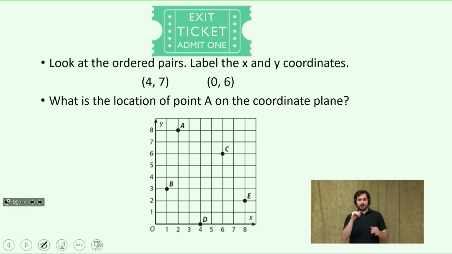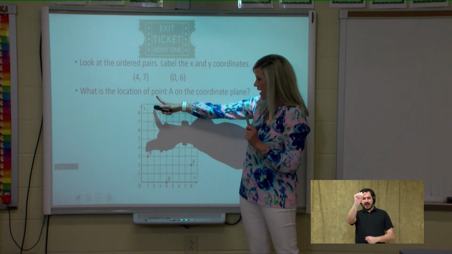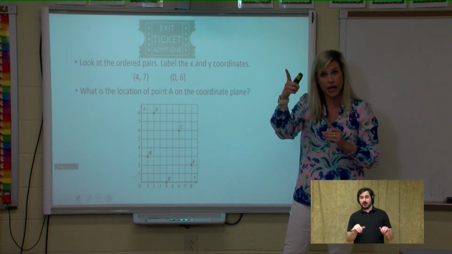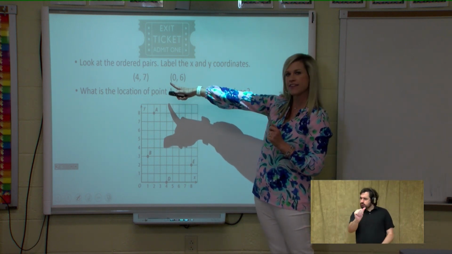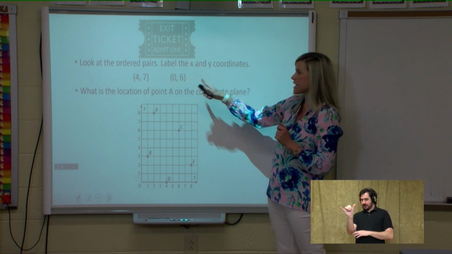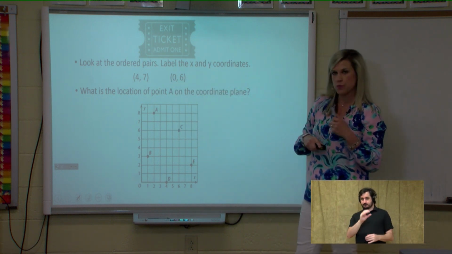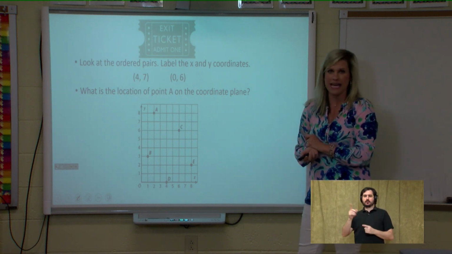And then looking here, can you tell me the location of point A? Here it is. Now my X and Y have gone a little higher up, okay? But tell me what A is. So looking at 4 and 7, what is your X? What is your Y? Looking at 0, 6, what is your X? Y, and the location of point A.